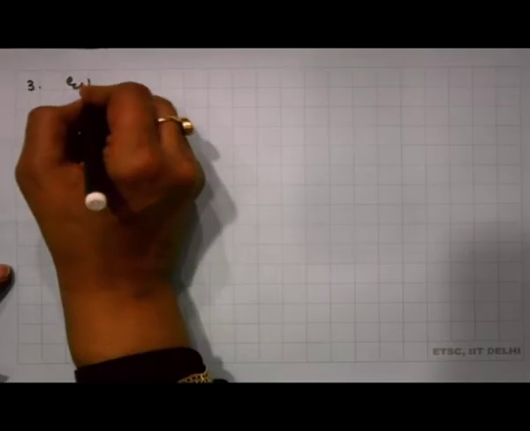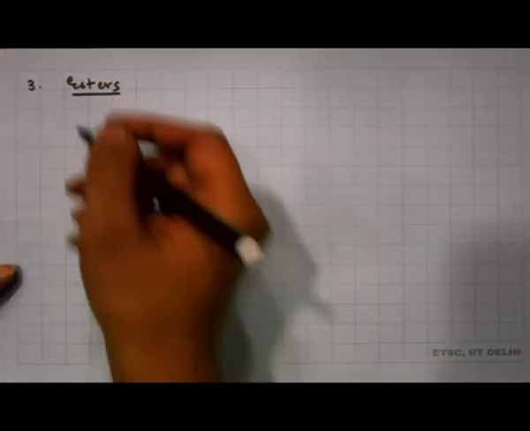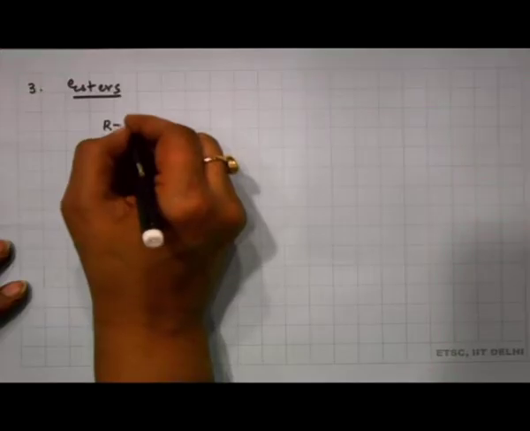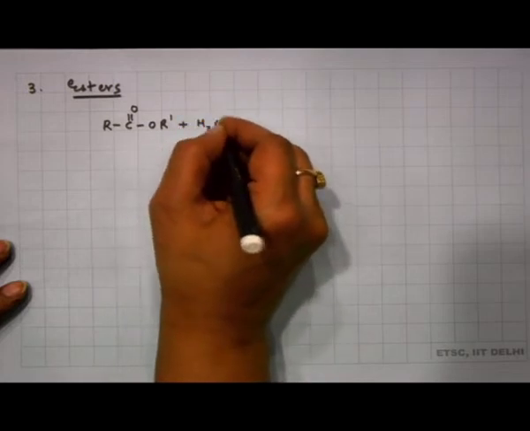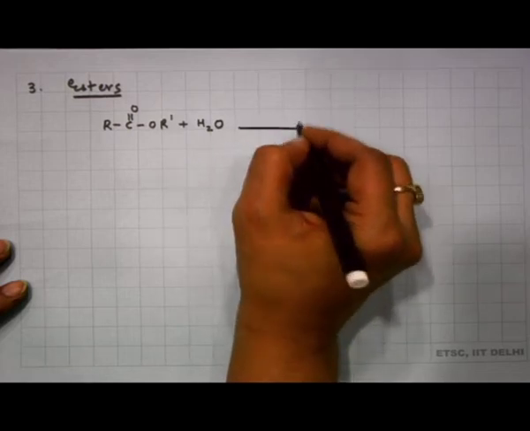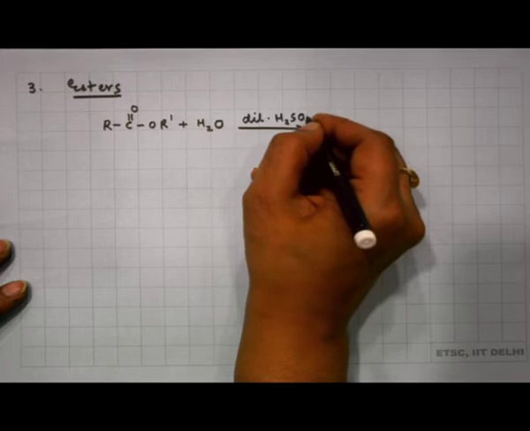The next one could be an ester. So, esters can also be used for generating alcohols. We know how esters are formed. Esters are formed by the condensation between an acid and an alcohol, and we do just the reverse reaction of the same. So, if you start with an ester, you treat the ester with water. We are doing nothing but the hydrolysis of the ester, and this is generally catalyzed in the presence of an acid or a base.